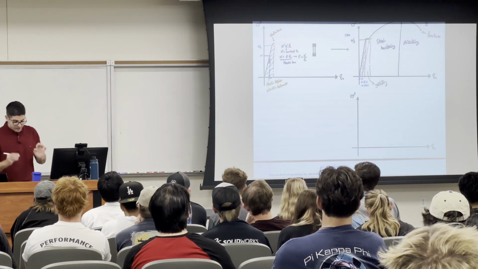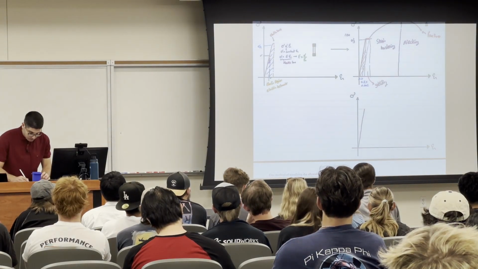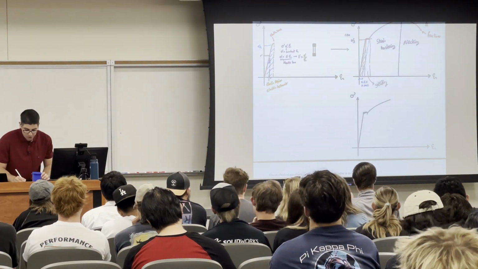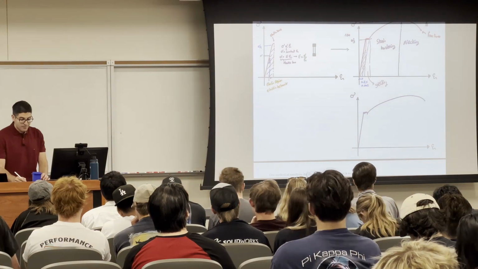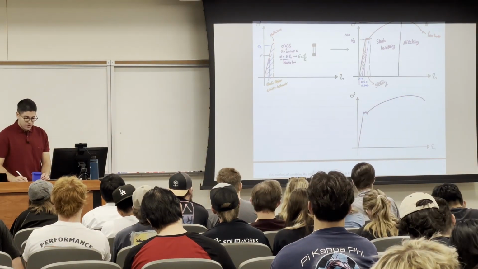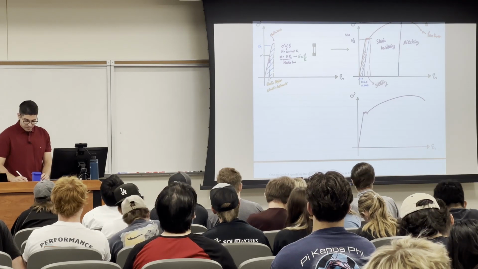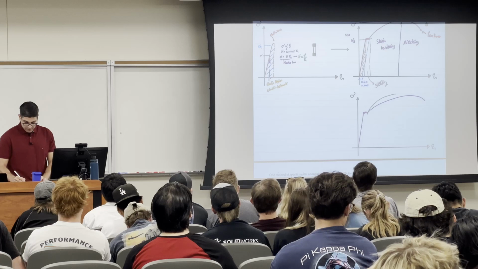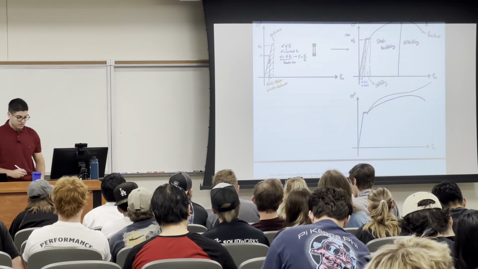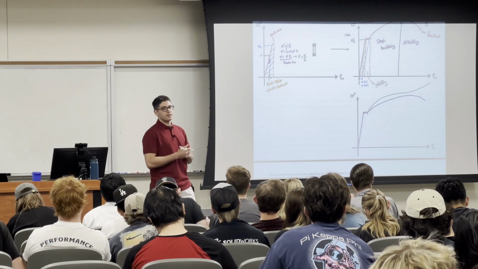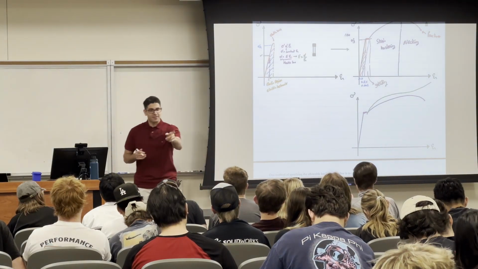Let me tell you something, to be fully honest with you. This is the stress-strain curve, but we have something called the true stress-strain curve, which beyond the yield is going to be something like this. Can anyone tell me why this increases? Area decreases. That's correct.